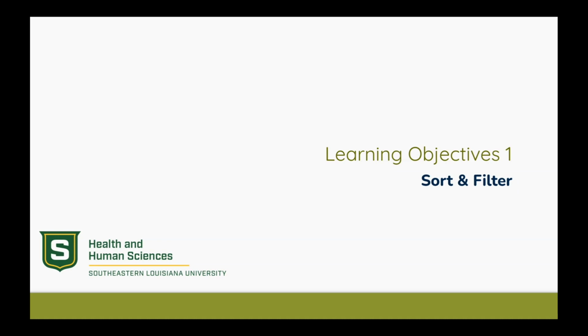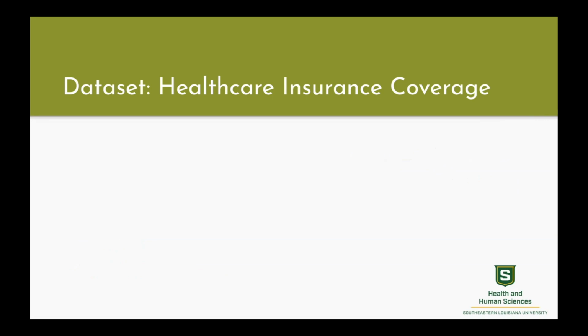So, to begin, we have to set the scene because I will be sorting and filtering the data set. I want to set the scene for you by explaining how we got to the data set, so everything is not looking foreign to you in terms of trying to make head or tail out of it.